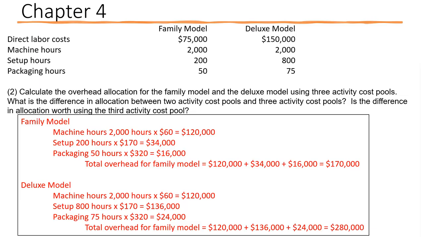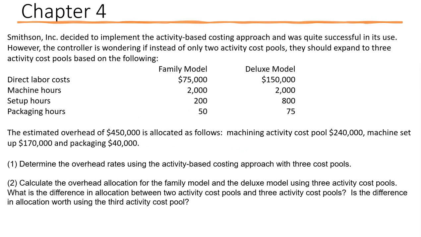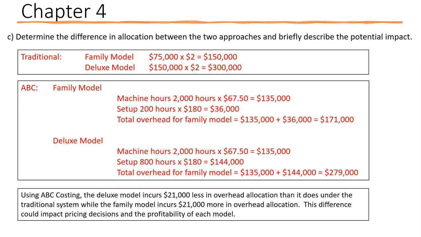So if we look at this, the family model is $170,000. Deluxe model is $280,000. If we go back a little bit to the way we did it with just the 2 cost pools, machine hours and setup, and not entering in the packaging hours, we have $171,000 for the family model, so they lose $1,000. The deluxe model is $279,000, and now under the 3 buckets, it's $280,000, so they gain $1,000.